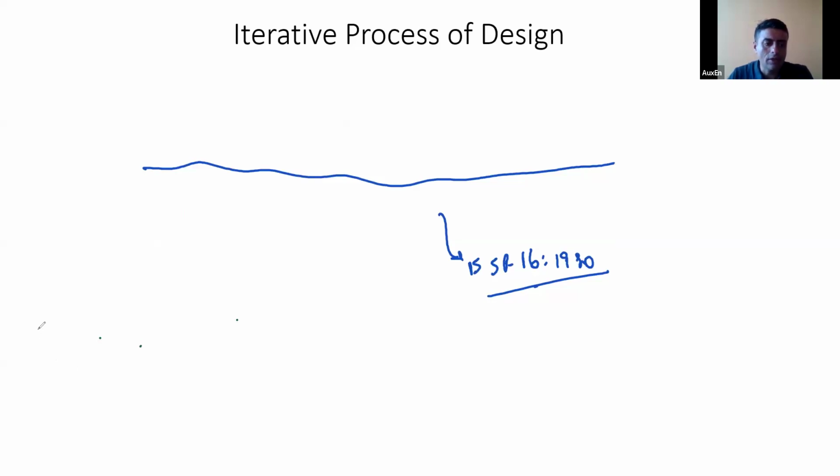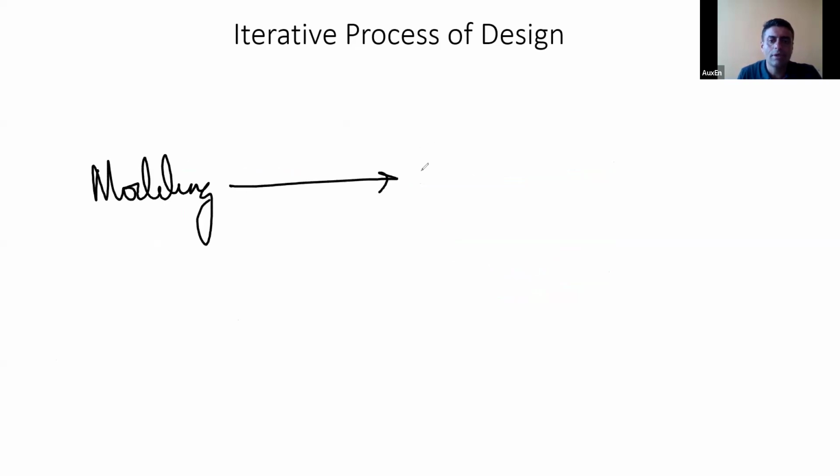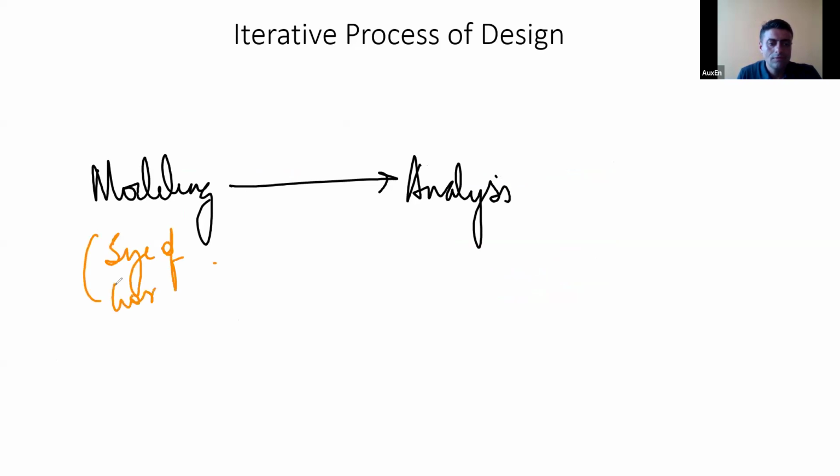Anyway, so as part of design, here I am saying that as a part of your iterative process, sizes need to be given to begin with. Otherwise, analysis is not performed.